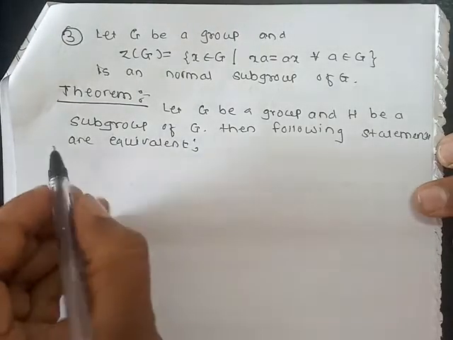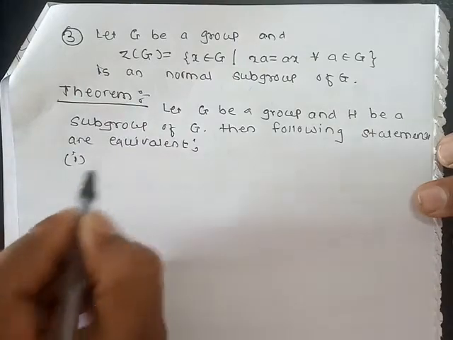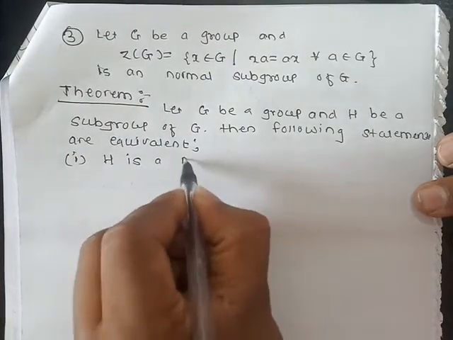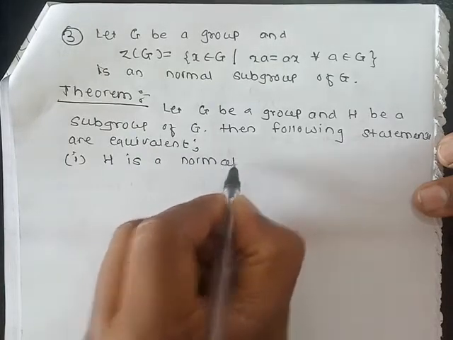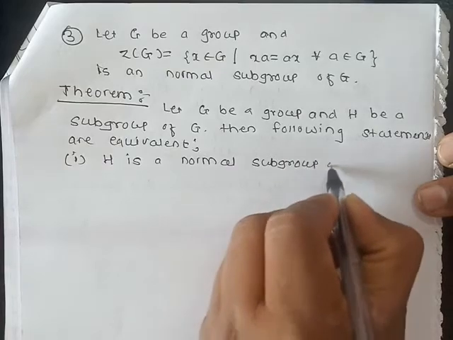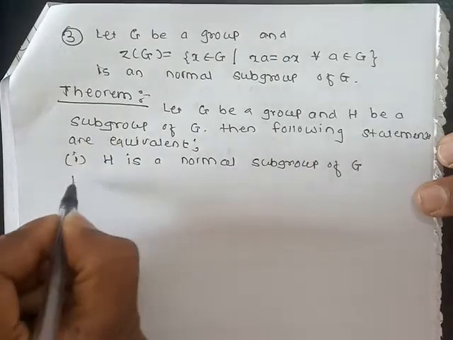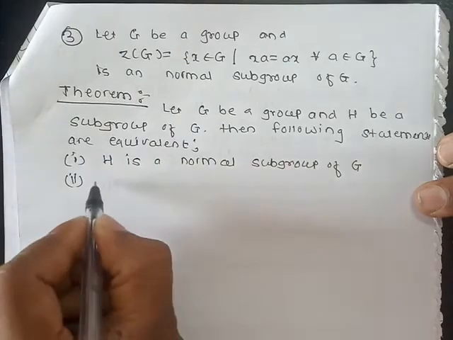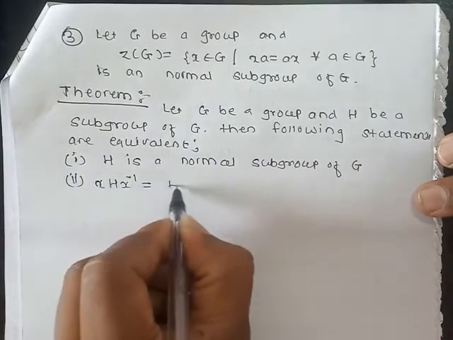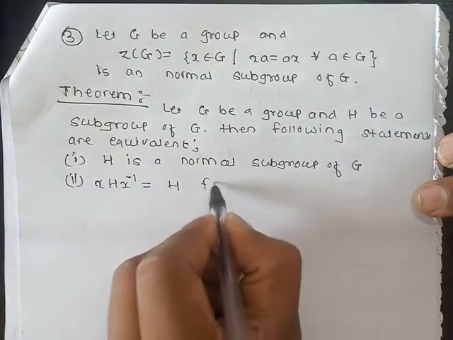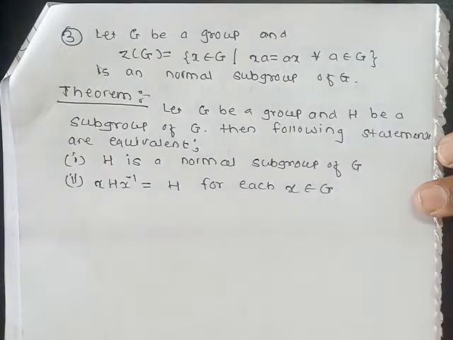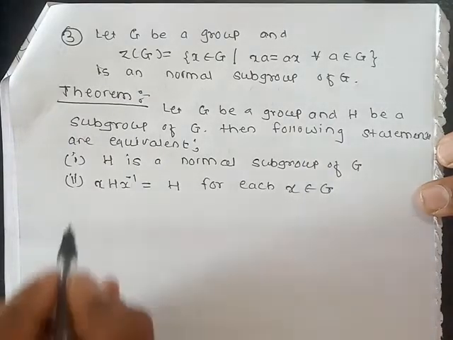First one: capital H is a normal subgroup of G. Second one: x H x inverse is equal to capital H for each x belongs to G.